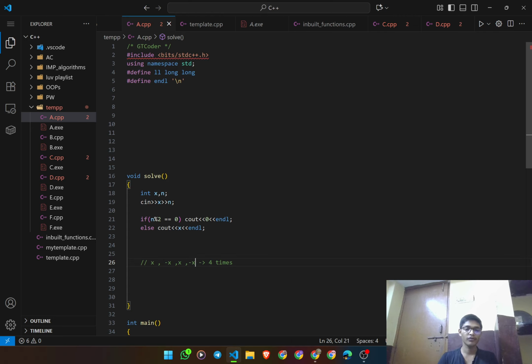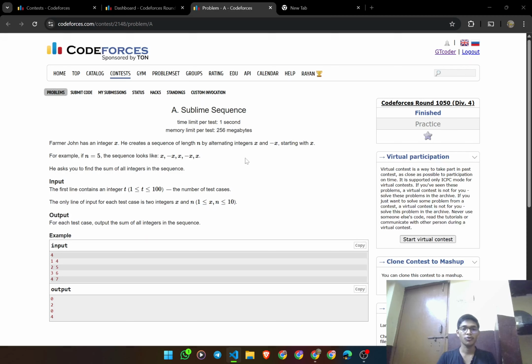If it starts like that, we are printing minus x first and then x. So here we have to print minus x. Okay, so it's clear now.